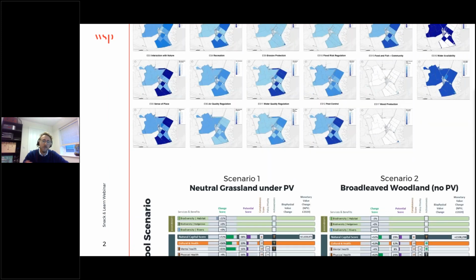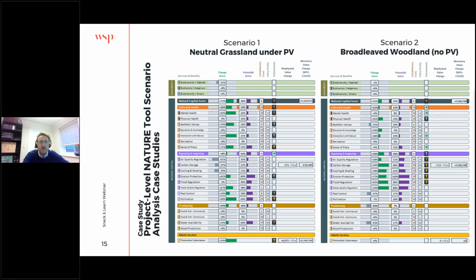Then at the project level, we also ran some case studies together with the company. Here we see a comparison of two development scenarios with a focus on carbon storage. The first one, on the left-hand side, is if we create new neutral grassland underneath photovoltaic installations, so a solar farm basically, as compared to scenario 2, where we create broadleaf woodland for the same area.